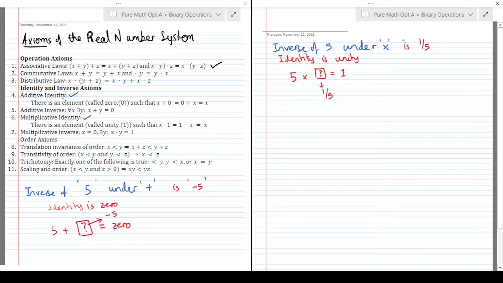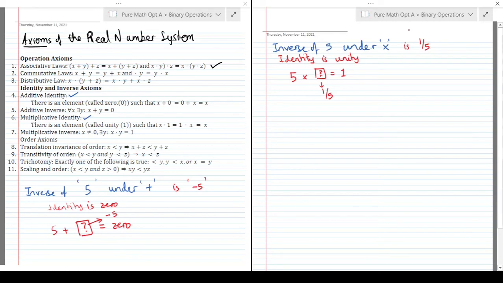I'm sure you all knew about the operations involving 1 and 0 with respect to multiplication and addition respectively, but we are trying to formalize our understanding of the real number system here. That is where we talk about the additive identity, and once you have an additive identity, you can talk about an additive inverse. Then there's a multiplicative identity, and if the identity exists, you can talk about a multiplicative inverse.